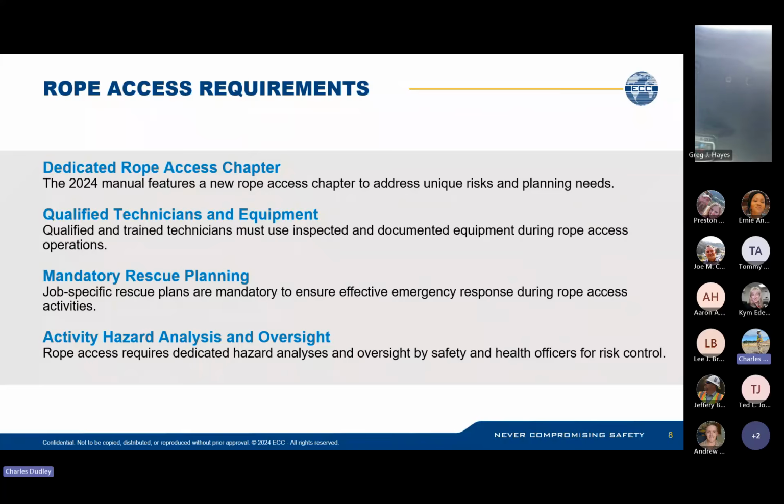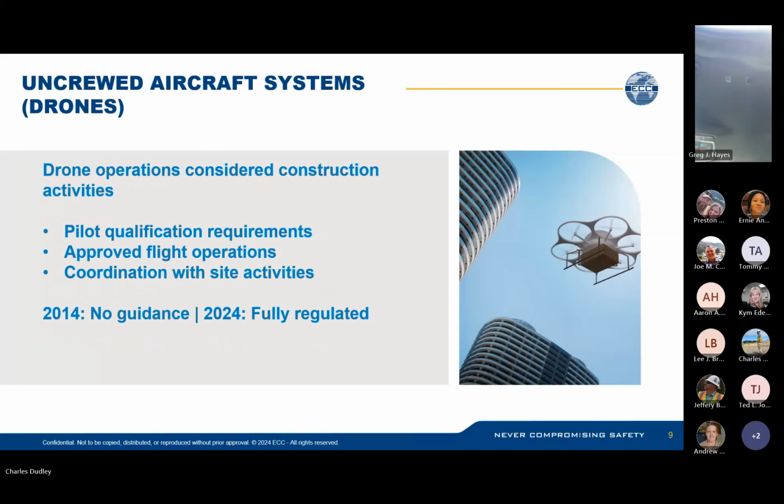Rescue plans have to be done prior to, and then they've got to have their own AHAs and oversight by us. Hopefully this enhances safety for us and reduces the likelihood of incidents, just based on doing all the work on the front end so you have an easier job on the back end, basically.